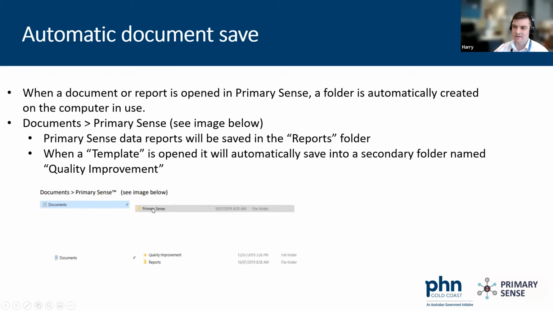If you double click on this folder, you will see there are two subfolders, Quality Improvement and Reports. The Reports folder will include any report you have ever downloaded in Primary Sense, and the Quality Improvement folder will include any quality improvement documents you have downloaded in the Primary Sense tool.